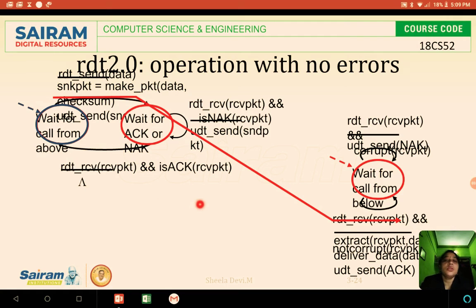When it reaches the receiver, the receiver calculates the checksum value on the data, and if the checksum values calculated by the sender and the receiver are the same, then the receiver concludes that there is no error in the data sent. If it is not equal, then it finds that there was some error during data transmission, and it will send the negative acknowledgement. For that sake we are attaching one more parameter called checksum.